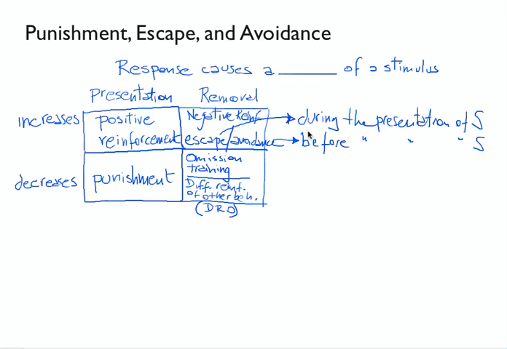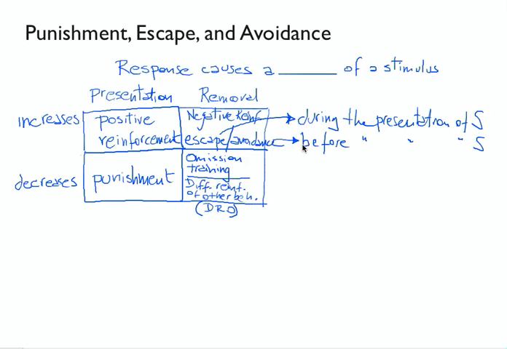That's an example of escape. We're canceling the traffic jam stimulus while it is happening, right? And an example of avoidance, though, is getting up and leaving early so that you avoid the traffic jam. You don't even encounter it, you cancel it before it even happens.